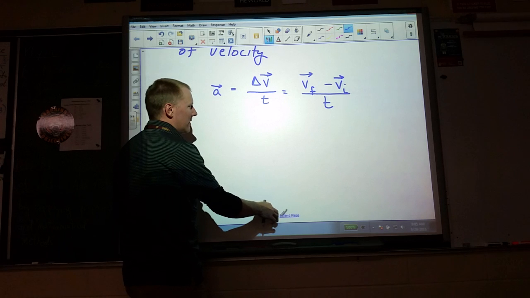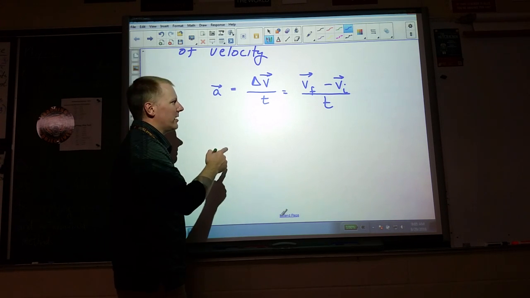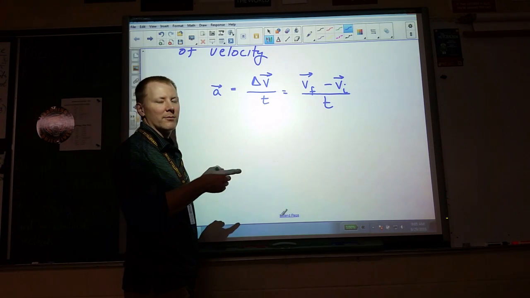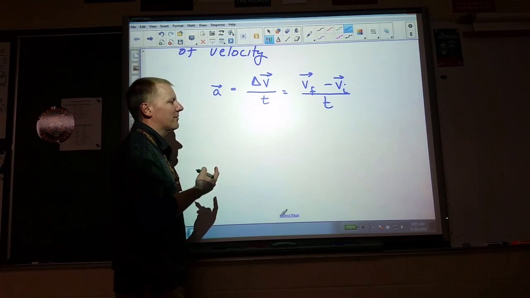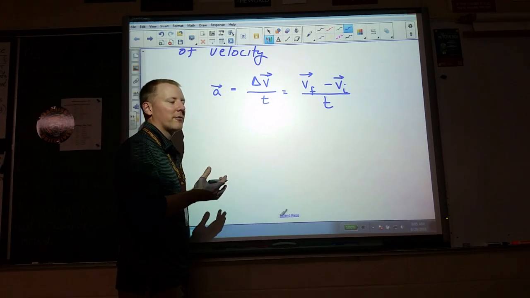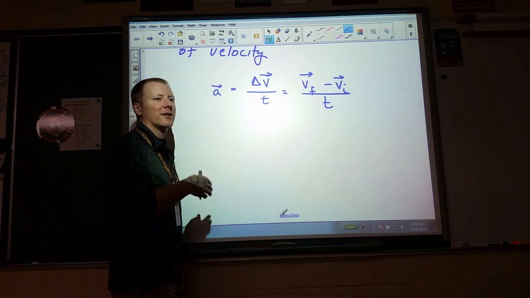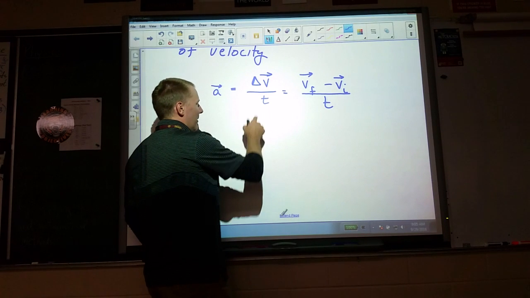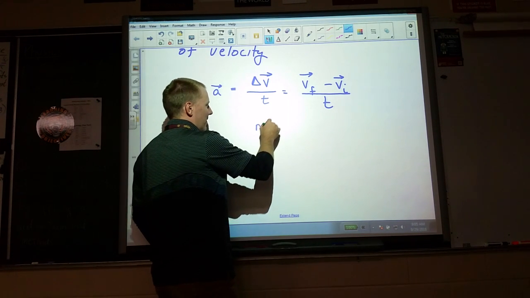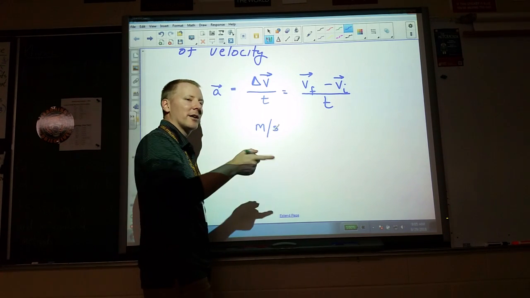And as Thomas said, looking at units, we're going to use meters and seconds and kilograms for almost all of our calculations. It's easy enough to use kilometers and hours or whatever for speed, but once we get into other things, we have to be pretty consistent with that. So if we look at units, the delta v here has units of meters per second. It's a velocity minus another velocity.